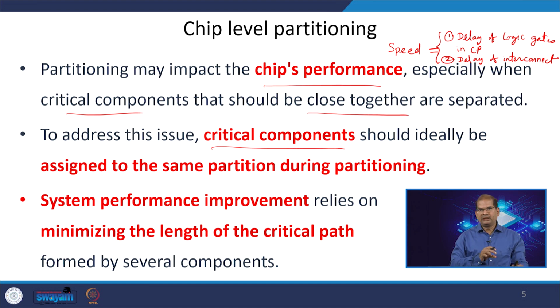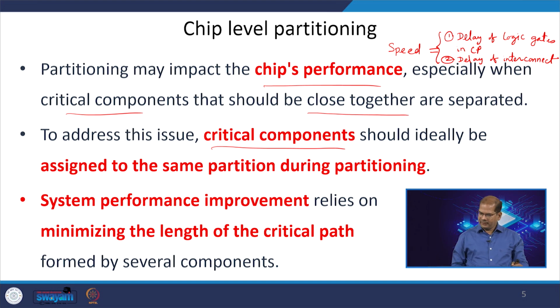Instead of taking the critical components to different partitions, you should put all the critical components in the same partition such that there is no connection between the partitions. If the critical component is going between the partitions, then the speed will be decreased.